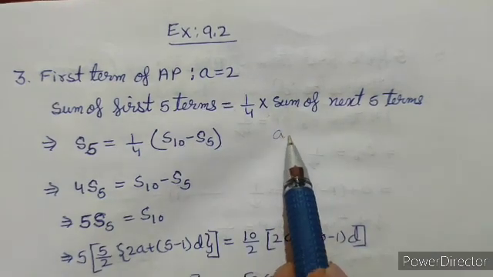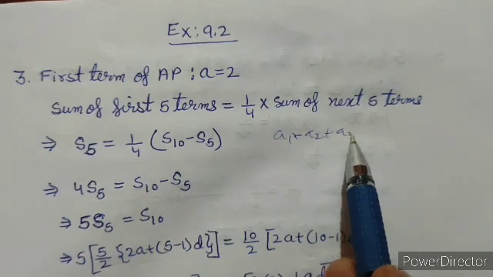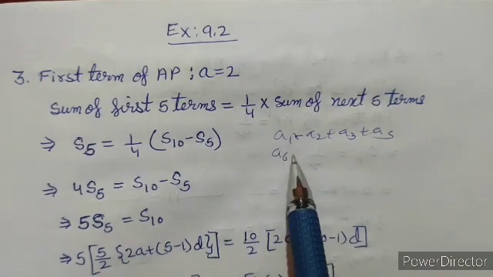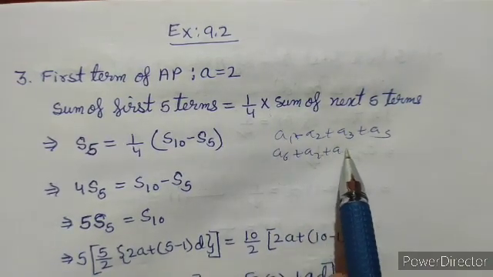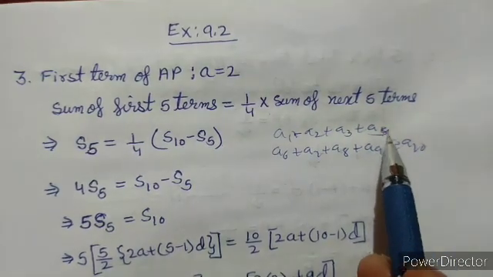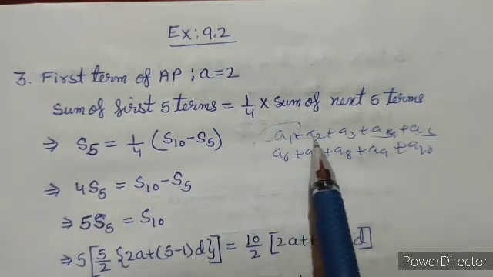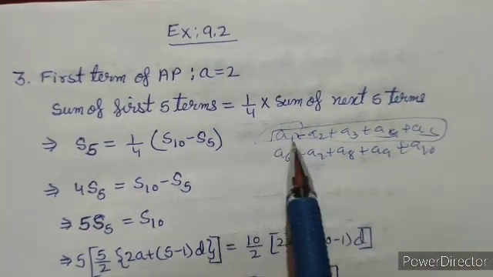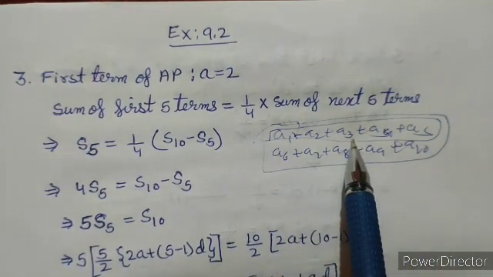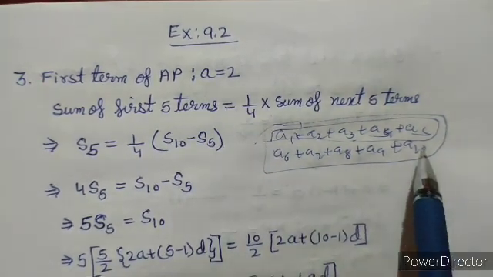Now the sum of the first 5 terms means a1 plus a2 plus a3 plus a4 plus a5, and the sum of the next 5 terms will be a6 plus a7 plus a8 plus a9 plus a10. If we subtract the sum of the first 5 terms from the sum of the first 10 terms, that gives us the sum of the terms from the 6th term to the 10th term.